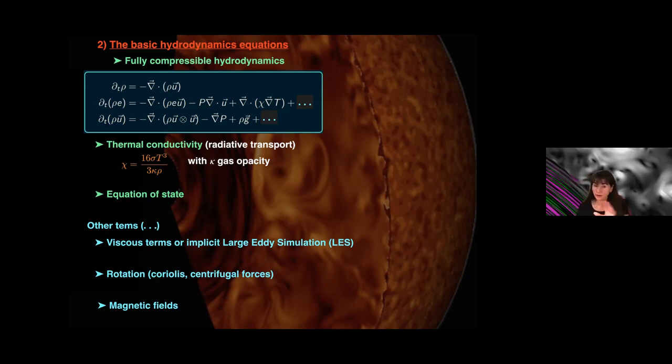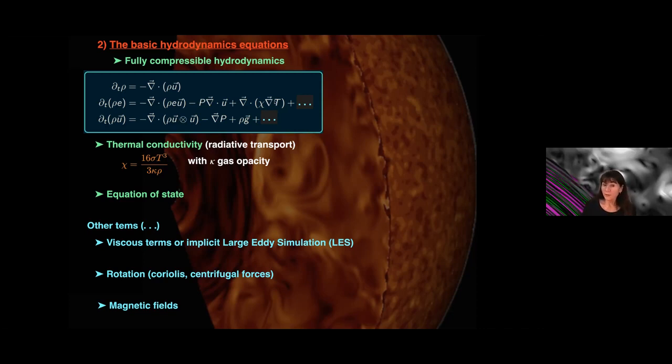Those are the very basic equations that you need, and you recognize the continuity equation, the equation for internal energy, or you may have also a total energy equation, and the momentum equation, with this very important nonlinear term, which actually drives those famous Reynolds stresses that I mentioned at the beginning, which are associated with correlations of fluctuations of the various components of velocity. This term is absolutely crucial.